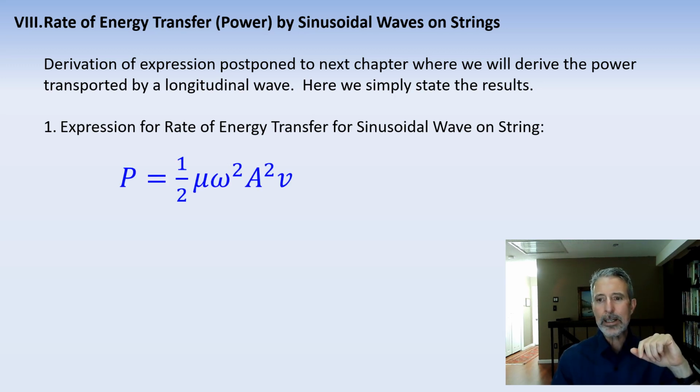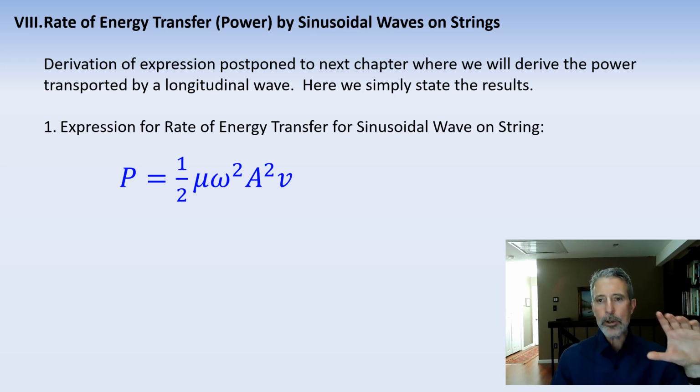It turns out that, after the derivation, the power of that wave, the rate at which the energy gets transferred along the taut string, goes like 1/2 the linear string density mu times the square of the angular frequency omega times the square of the amplitude of the wave times the wave speed to the first power.